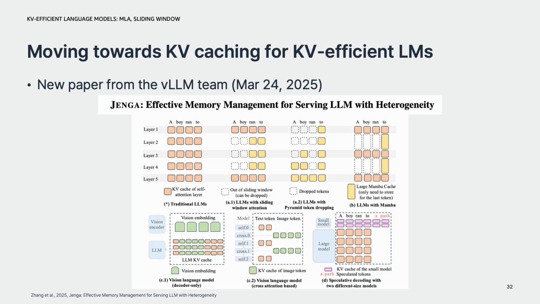Here heterogeneity does not only mean KV efficient language models. As you can see in the figure, there are also multimodal LLMs, but this obviously includes the KV efficient language models. So I believe these changes will be more prominent in the coming days.